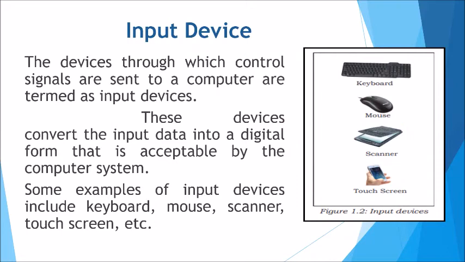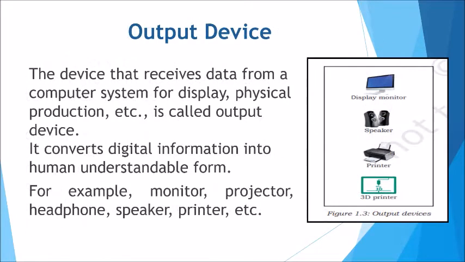Input device. The devices through which control signals are sent to a computer are termed as input devices. These devices convert the input data into a digital form that is acceptable by the computer system. The examples of input devices are keyboard, mouse, scanner, touch screen, etc. Output device.